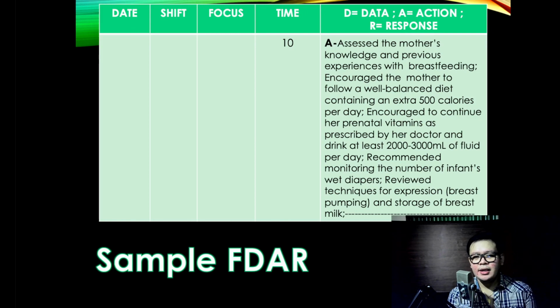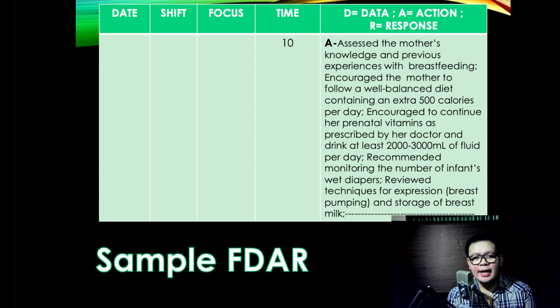Next, as what we mentioned, data is being followed by your actions. No? So around 10 o'clock, first thing you did was to assess the mother, assessed the mother's knowledge and previous experience with breastfeeding. Okay, so second, encourage the mother to follow a well-balanced diet containing an extra 500 calories per day.